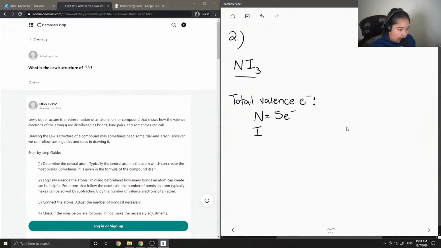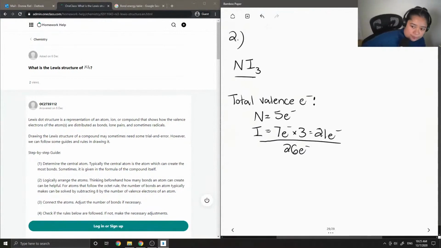And for iodine, each iodine atom has 7 valence electrons, but since there are 3 of them, I'm going to multiply by 3. So I get 21. And then adding these two values up, you get a total number of 26 valence electrons in the compound.